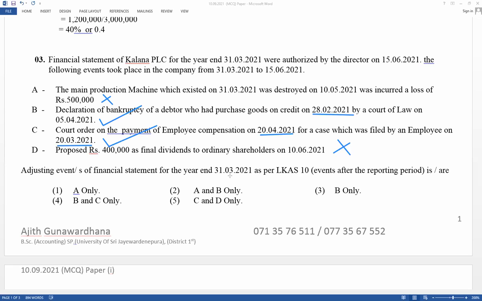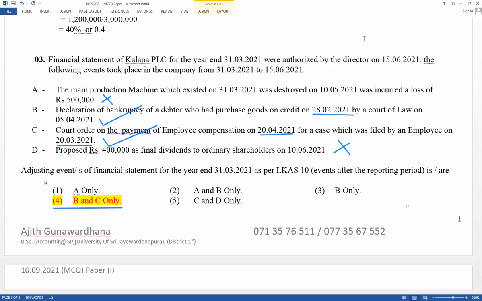Therefore, adjusting events are B and C. Therefore, question number third, answer B and C. These are adjusting events in LKAS 10, events after the reporting period.